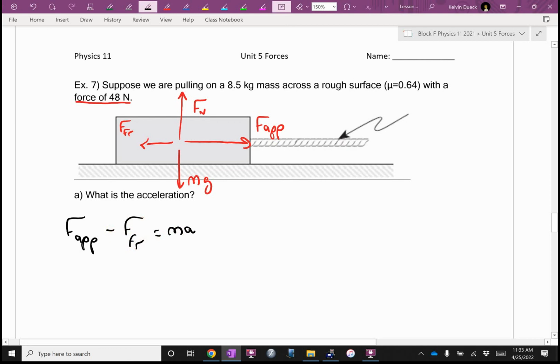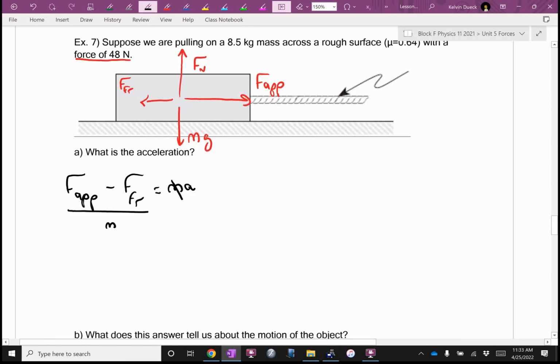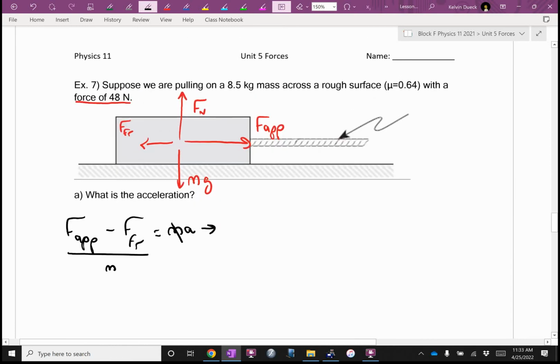What are we trying to find? Let's use Scott's theorem. I guess A is going to be F applied minus friction is what times what? Mu times the normal force all over M. I don't know the normal force.